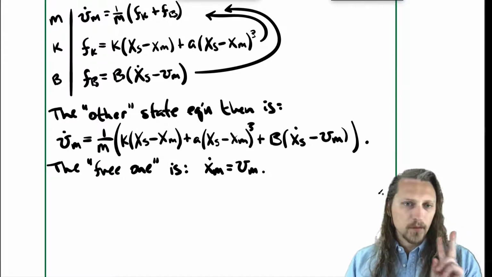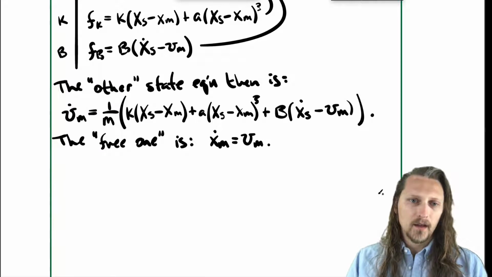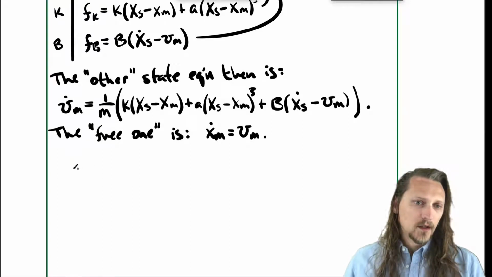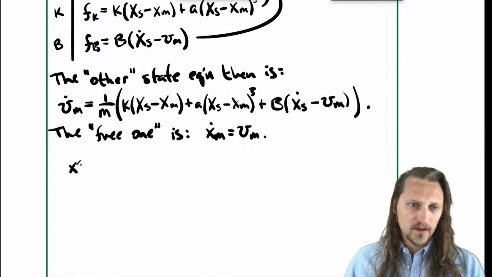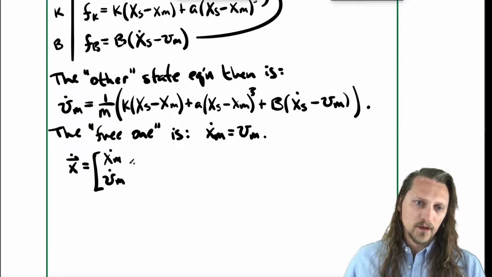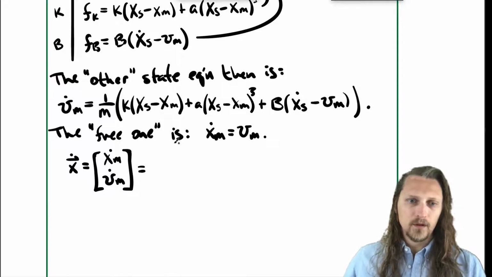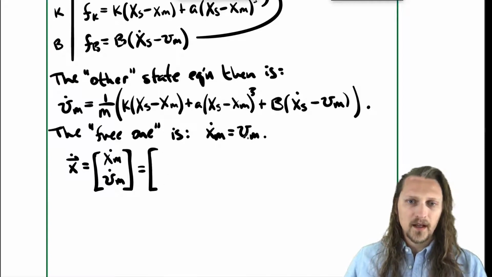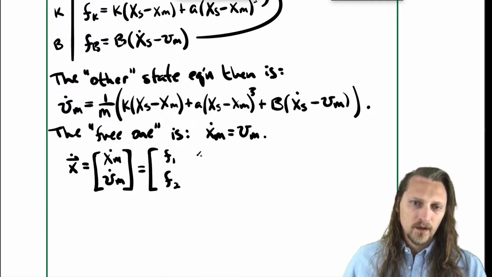So now we have both of our state equations, and essentially these two together are our state space model. We could write it like this. We could say our x vector dot, which of course is equal to xm dot, vm dot, equals, and the right hand side of each of these equations we'll just shorthand as f1 and f2.